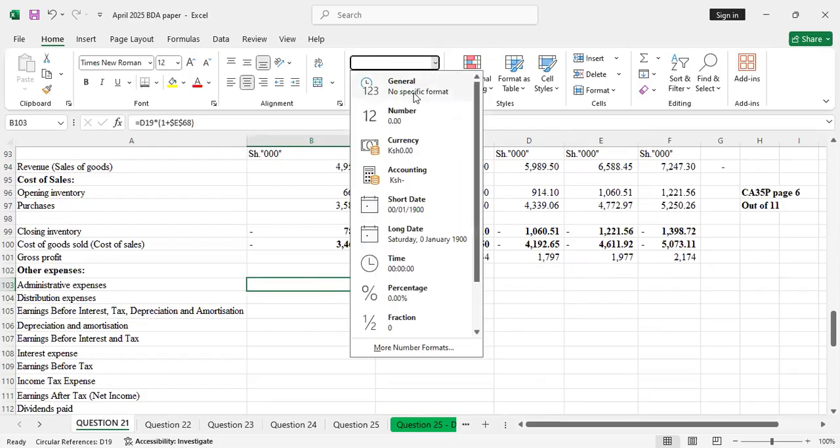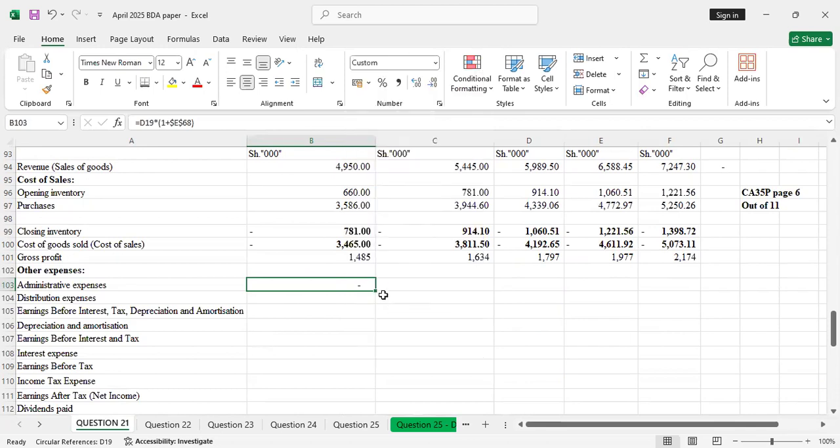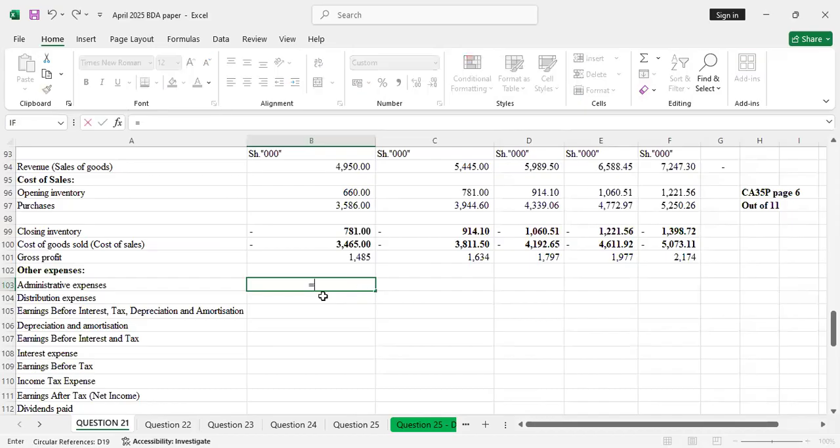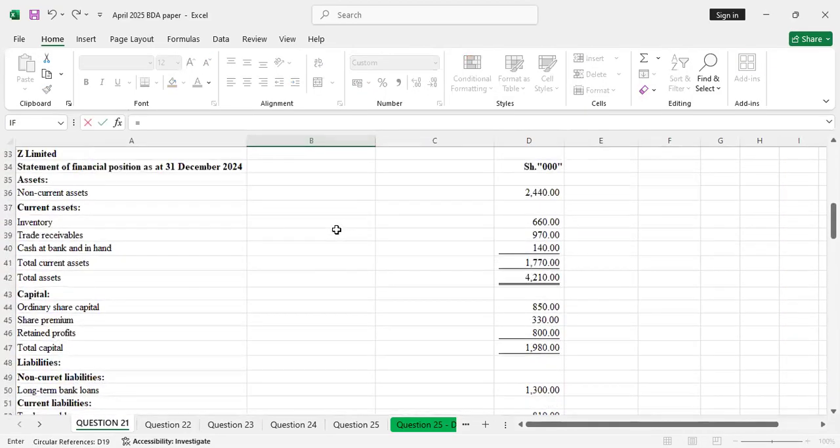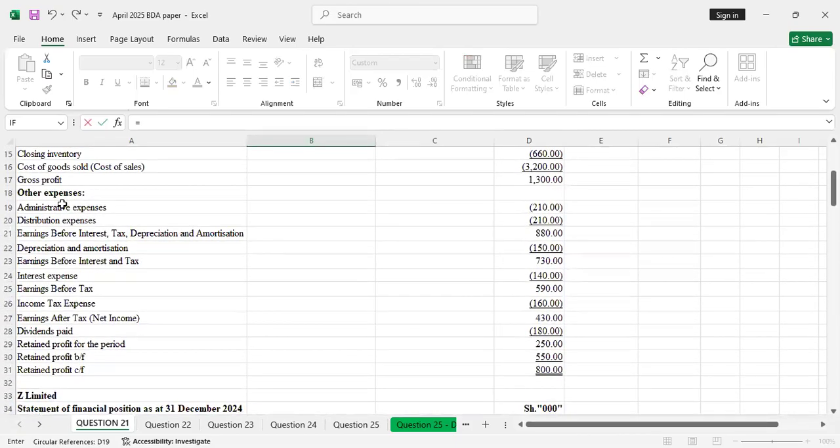Let me check the number setting. Why is it giving me this? Let me do it again. Or is it not capturing that? Administrative expenses, it's 210.